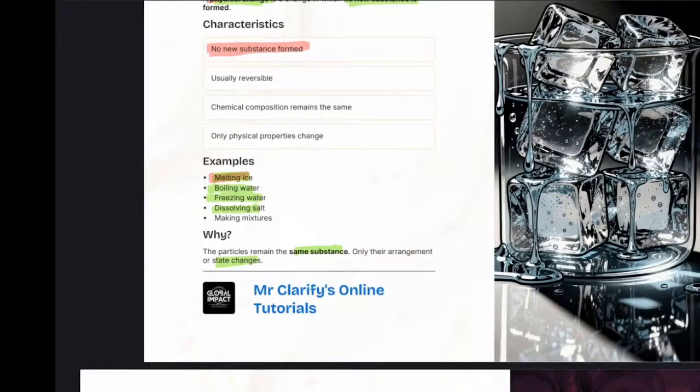If the chemical composition remains the same, then we don't have a reaction. We have a mixture which is reversible. It's just the physical properties that have changed. The state from liquid to solid, from solid to liquid, from liquid to gas, that is not a reaction. The atoms are still the same. Their state is the only one that has changed, or arrangement.